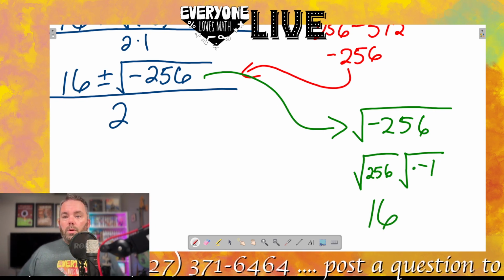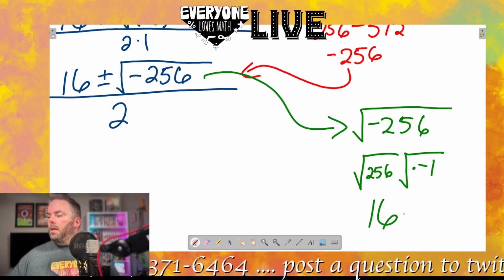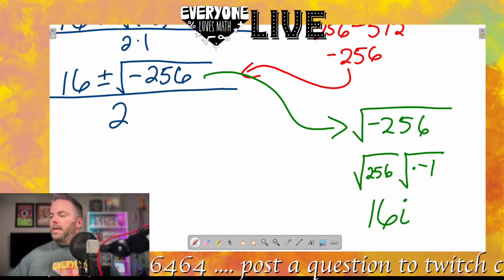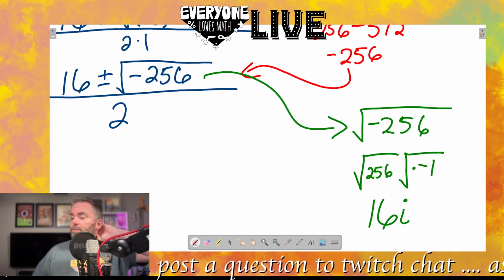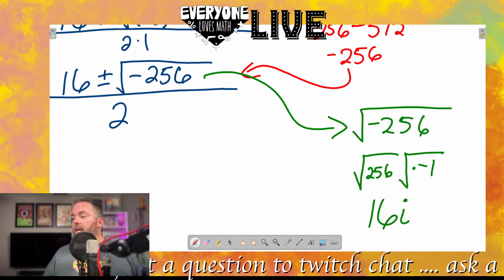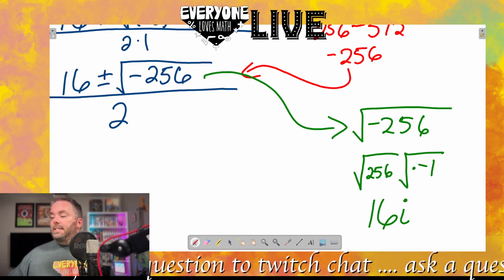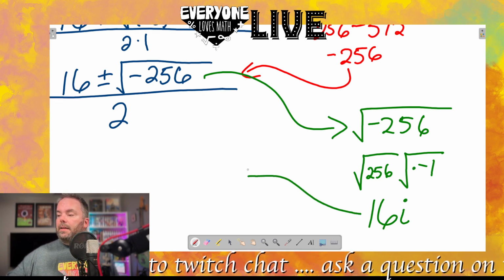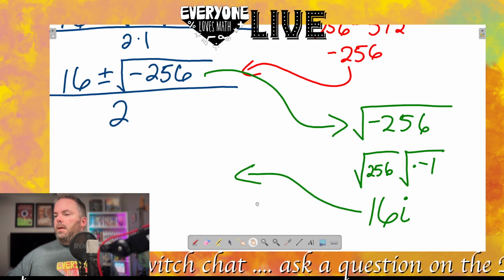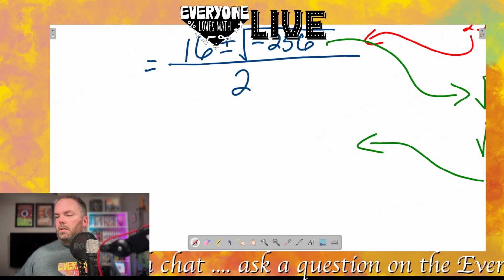And the square root of negative 1, once you're in pre-calculus, is the imaginary number i. So the square root of negative 256 simplifies to 16i.